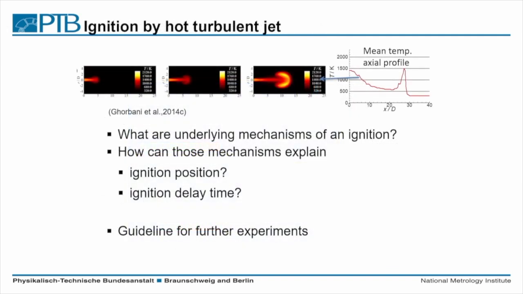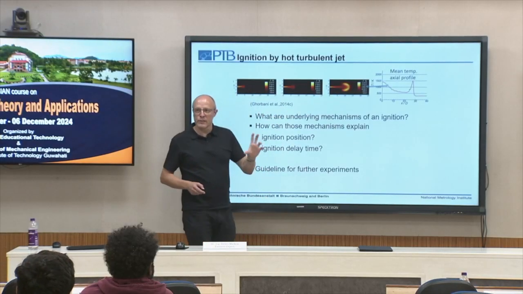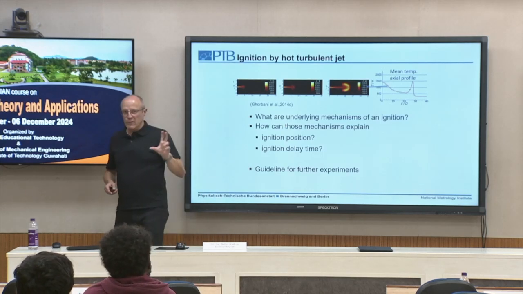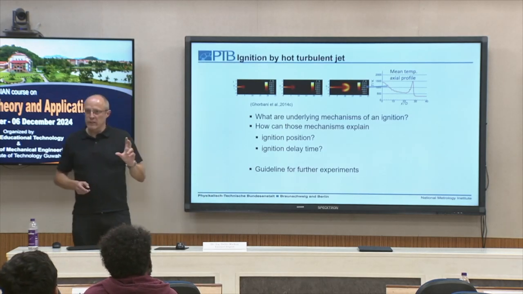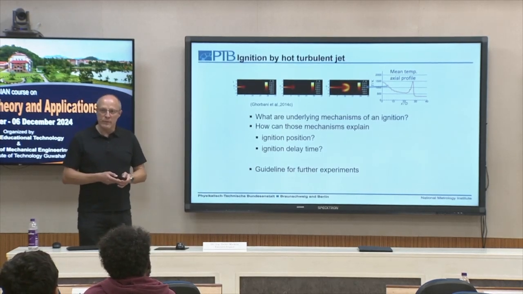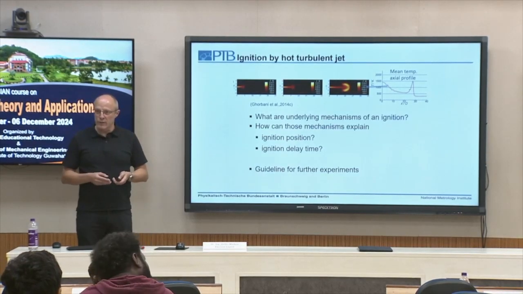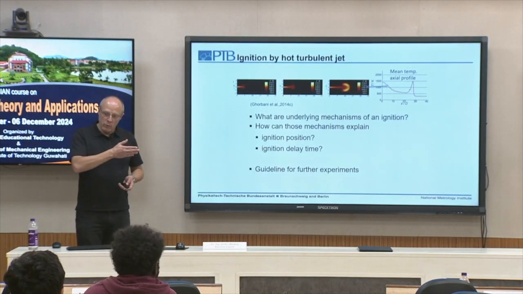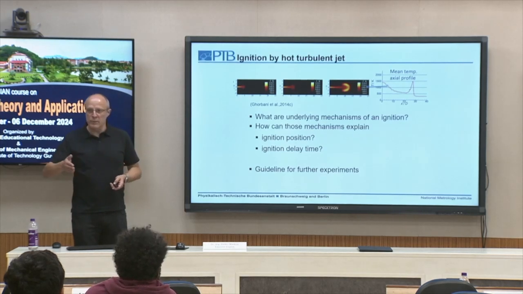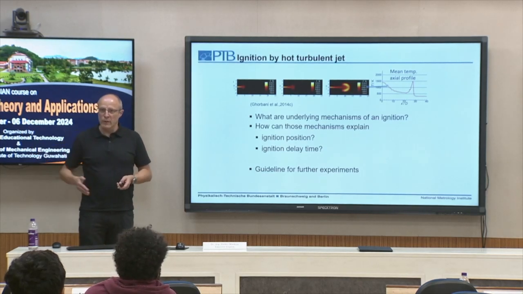So what is the important thing? For example, as you see, the ignition takes place at a given distance. This is something we have seen also with OH LIF measurements. What we have seen here with the H radical, we have seen with OH LIF too. With Schlieren experiments, we see the hot gas flowing out of the nozzle.